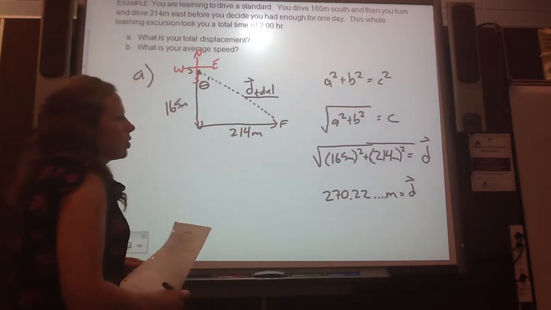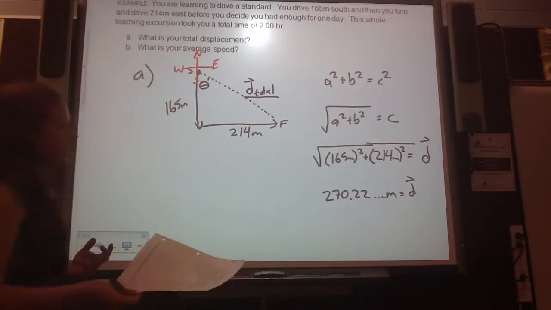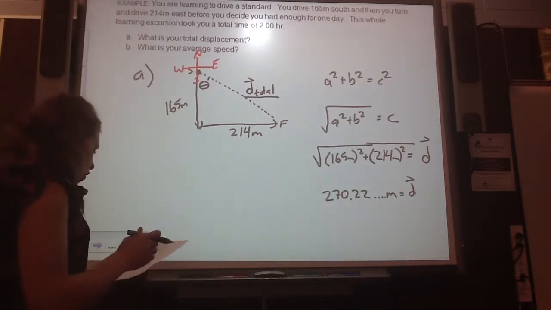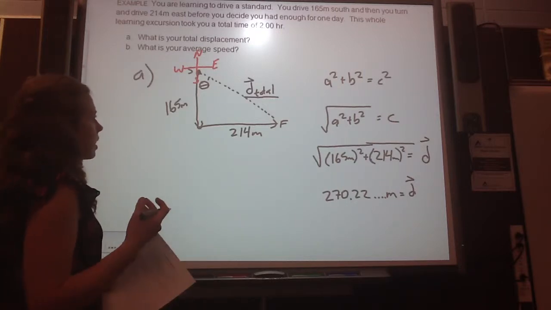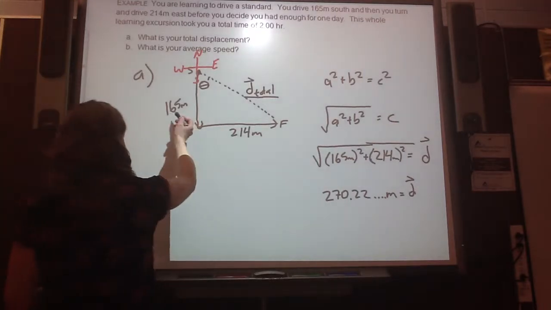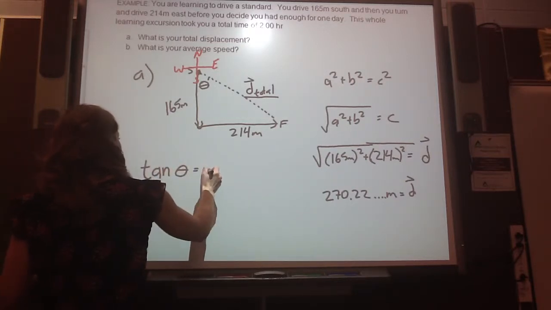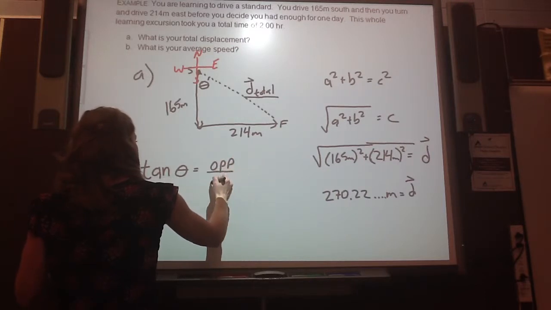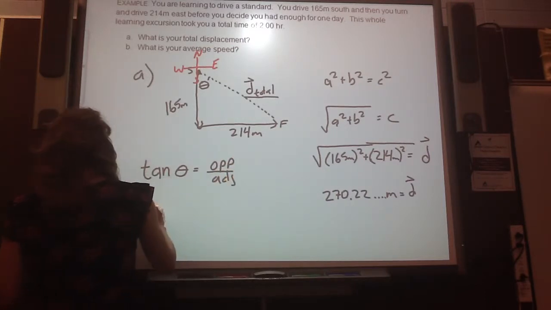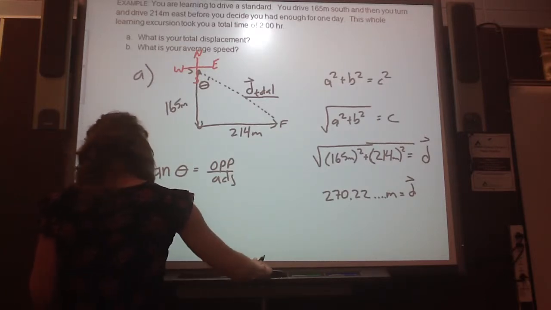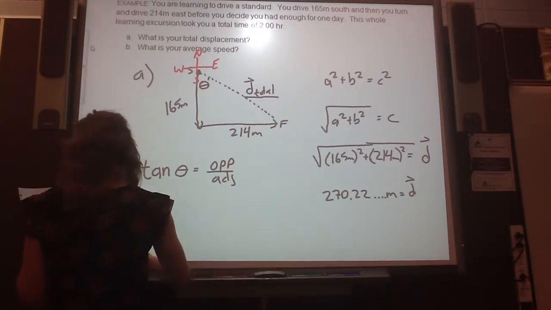Now though, that's only the magnitude of my vector. I need to find the direction of the vector. This is where I use my trigonometry to find out my theta. So I'm going to use tan because I know for sure that this is what I was given in my question. So I can say that tan theta is equal to opposite over adjacent. So I'm just going to rearrange this to solve for theta.